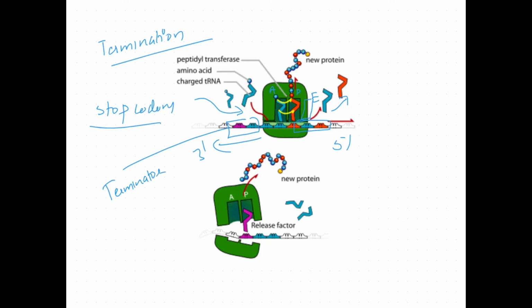When a stop codon comes to the A site, no tRNA will attach here, because a stop codon doesn't code for any amino acid.